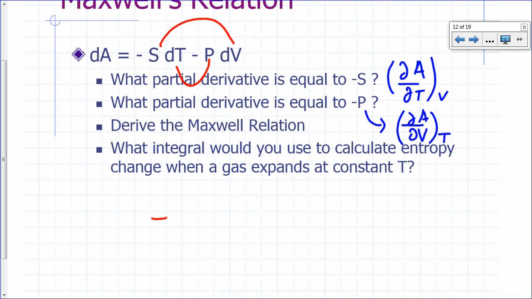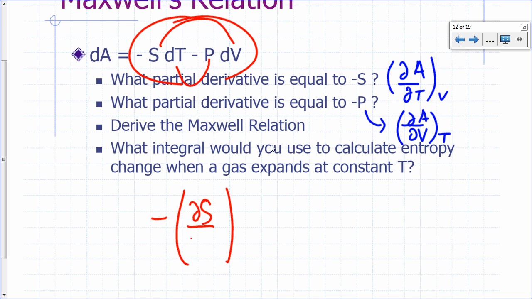Negative partial derivative of, when you're doing Maxwell relation, you just look at this one. So S with respect to volume holding what constant? Temperature equal to, what's the other pair?